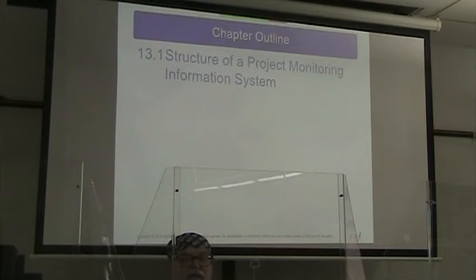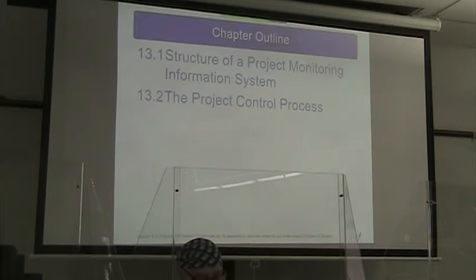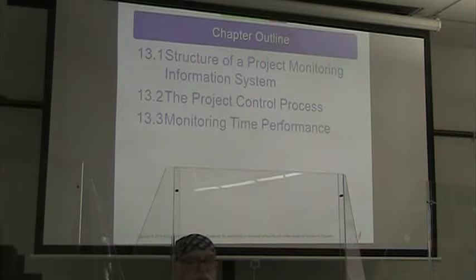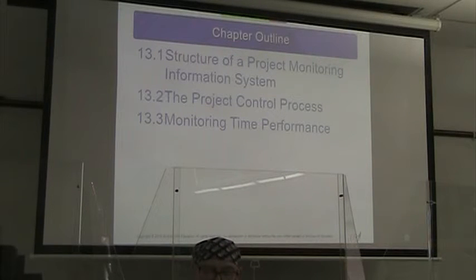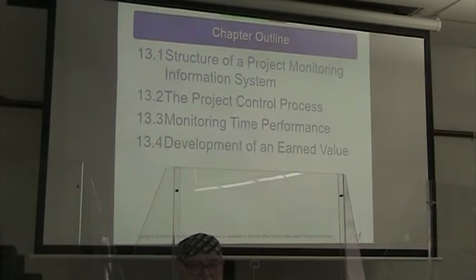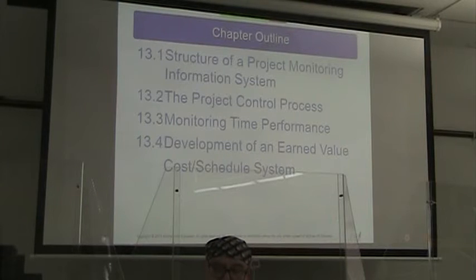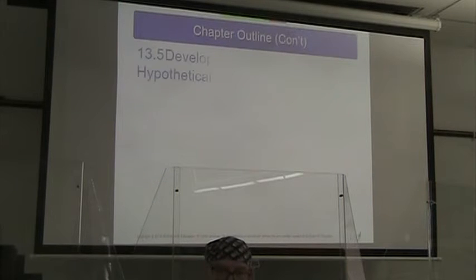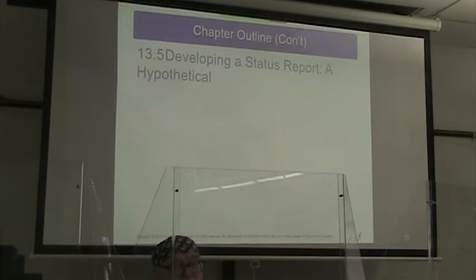So as part of our chapter outline, the first part is structure of a project monitoring information system. 13.2 is the project control process. 13.3, monitoring the time performance. 13.4, development of earned value, the cost and schedule system. 13.5, developing a status report, a hypothetical example.